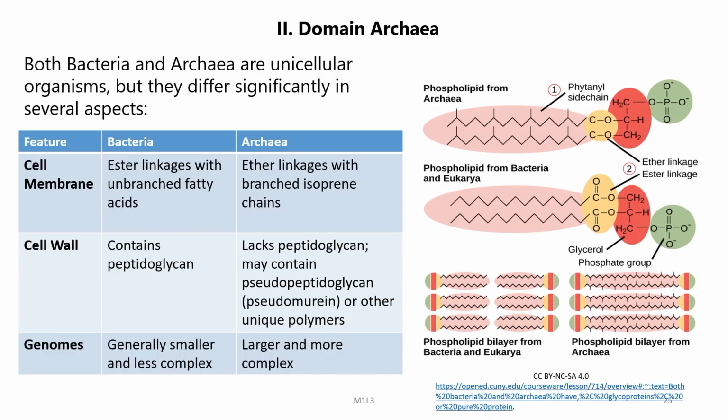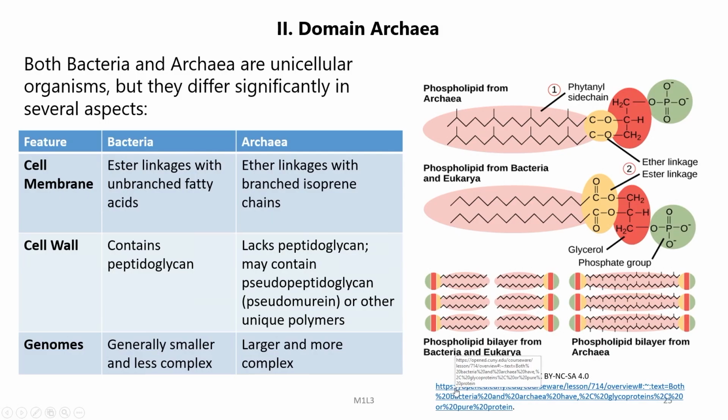If you look into this figure, you can see that there is a difference in these linkages. While archaea has ether linkage, bacteria has ester linkage. The phospholipid bilayer from bacteria and eukarya is different from that of archaea. You can see in this diagram.